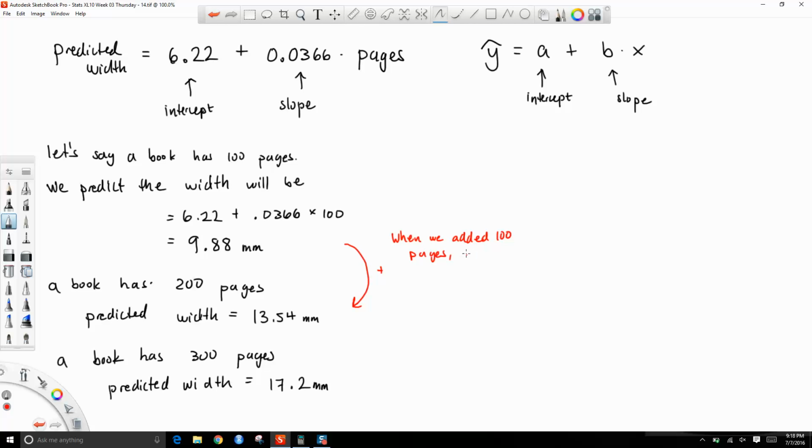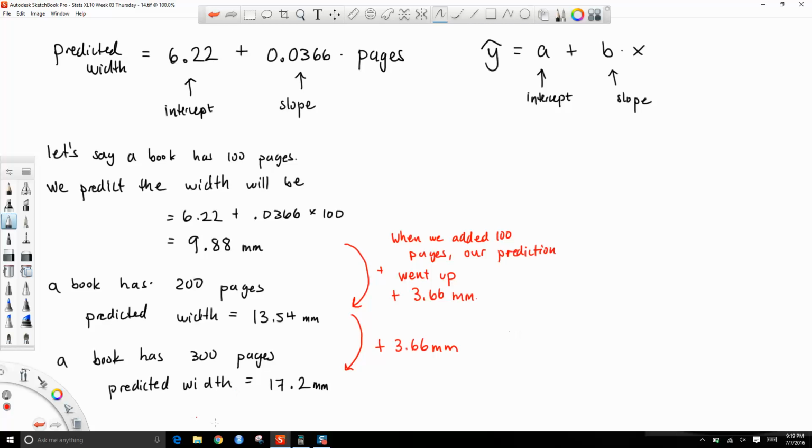When we added 100 pages, our prediction went up basically 3.66 millimeters. Right? Okay. How much did it change from 13.54 to 17.2? When we went from 200 to 300 pages, it also went up 3.66 millimeters.